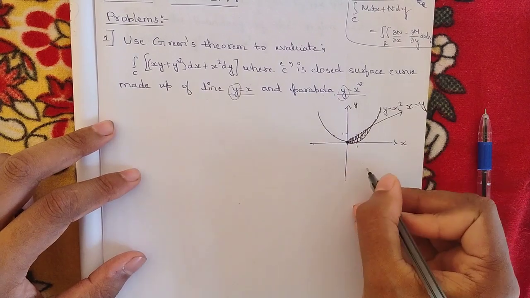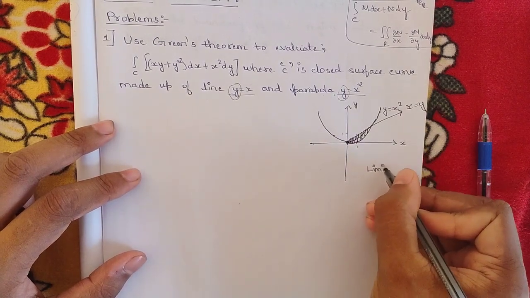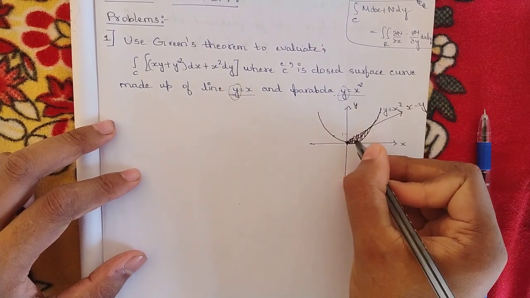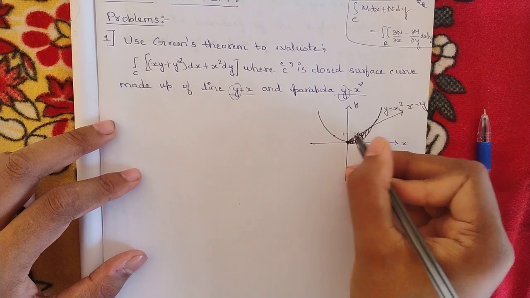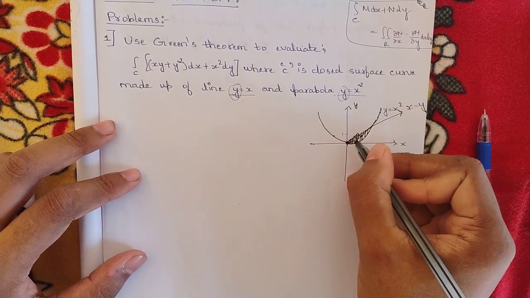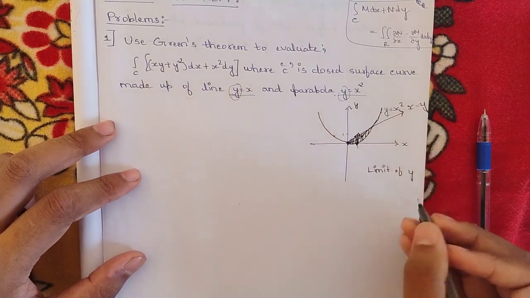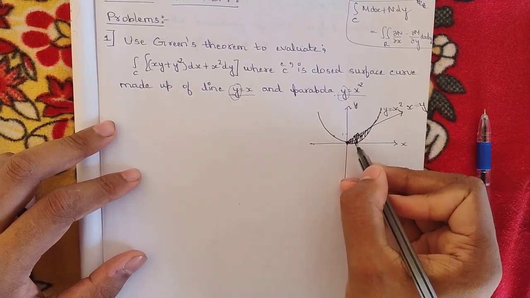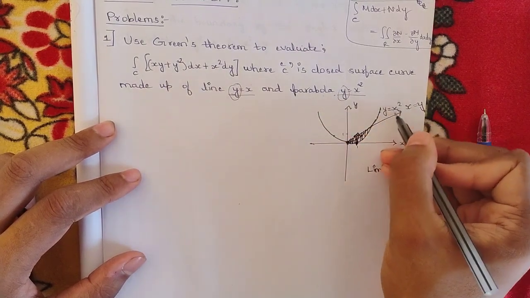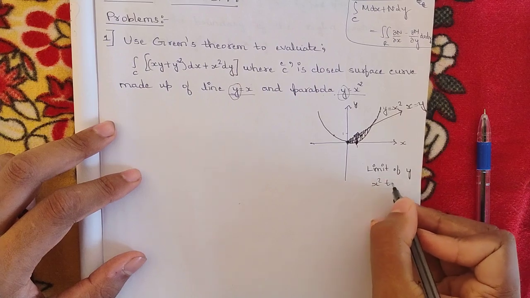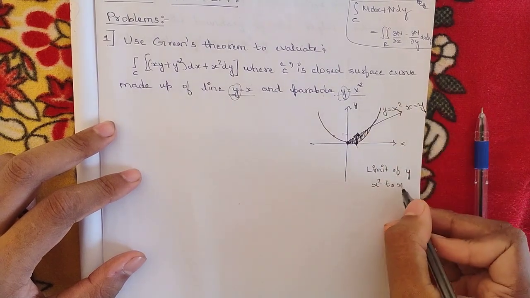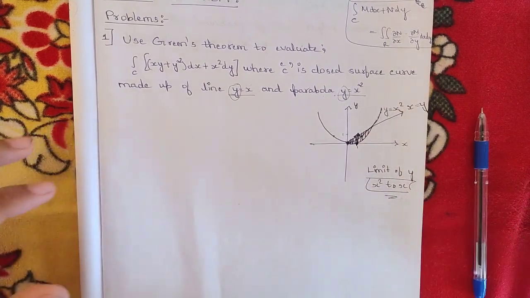To find the limits of y, wherever the curve is meeting at x, from that point you should draw one perpendicular, so that the limits would be from this starting point. On the x-axis it is touching here, the curve here is x square, to the ending point, that is the curve here, x. So the limits of y are from x square to x.